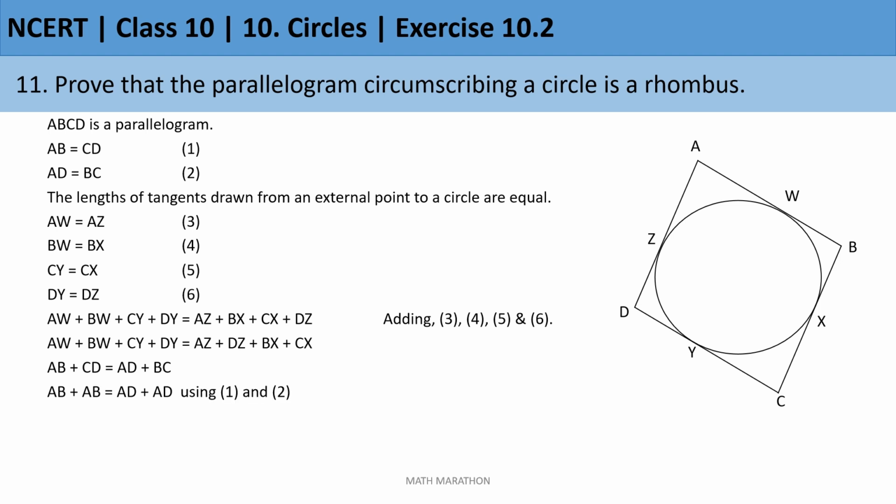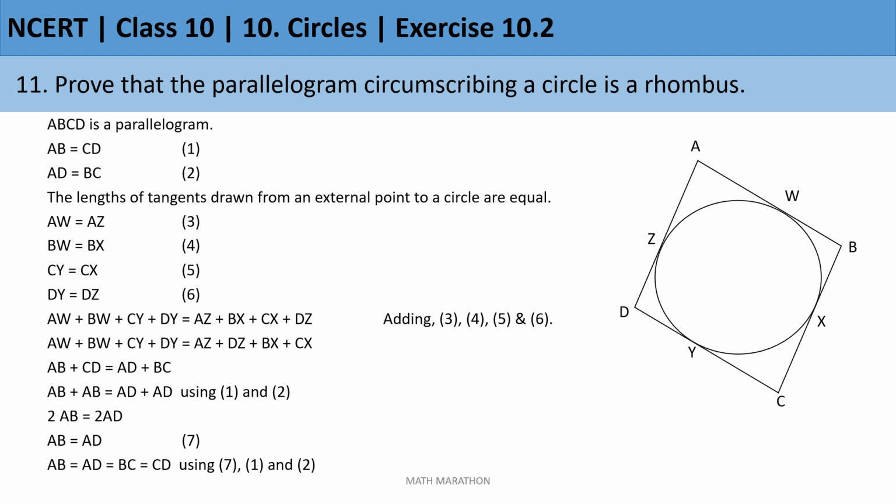Using equation 1 and equation 2, we get AB plus AB is equal to AD plus AD. Twice AB is equal to twice AD. Let us divide the equation by 2. AB is equal to AD.